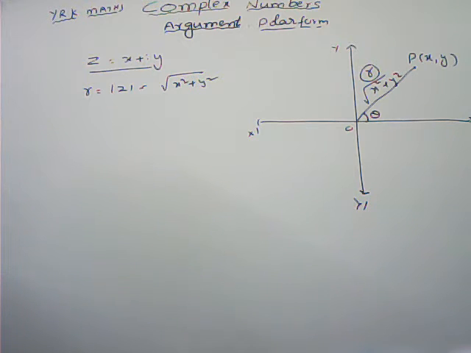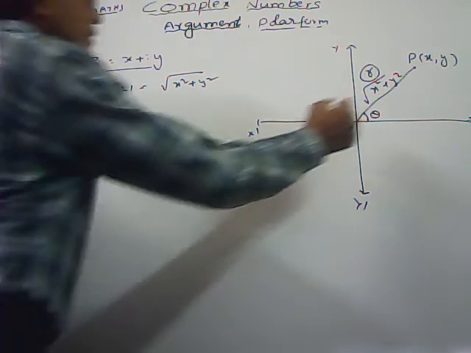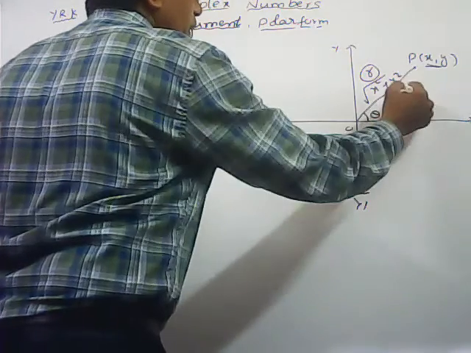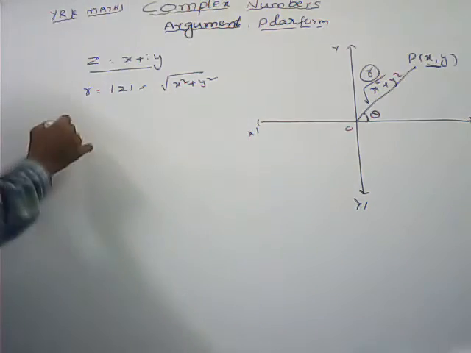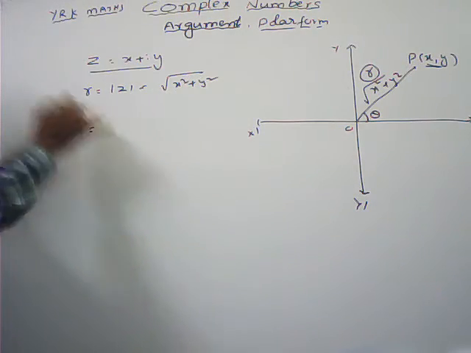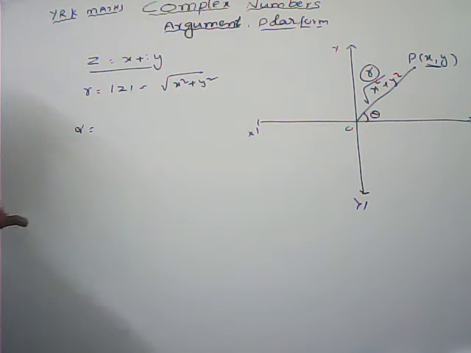Here any complex number is given, how to find the argument of the complex number? Here some conditions are there, it depends upon the quadrant also. Here both the coordinates are positive. First quadrant, first we can find the acute angle alpha, which is the simplest and easiest method.